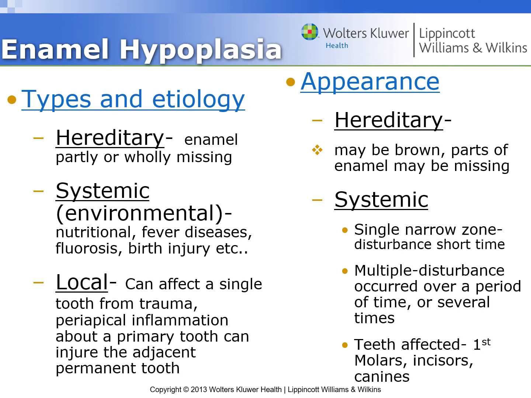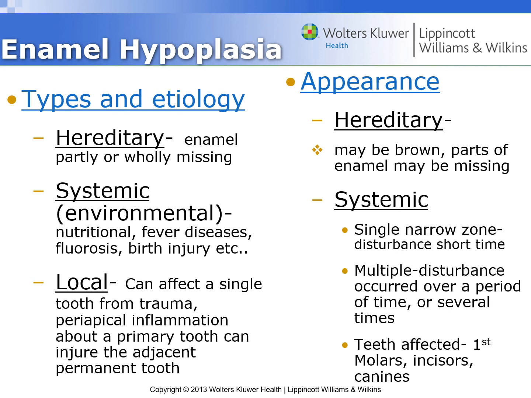A lot of times, if that's what's happening, it could affect the very incisal edges of the permanent teeth because they're sitting up next to all of that infection, so they can catch it. The appearance, if hereditary, may be brown, and parts of the enamel may be missing.